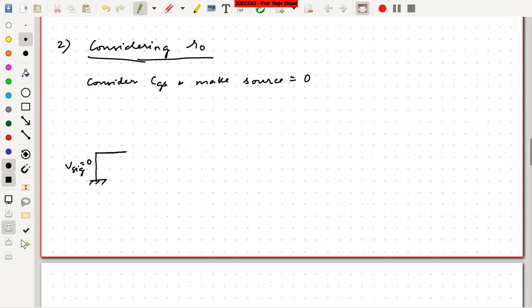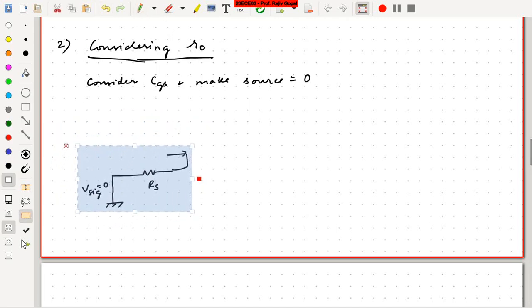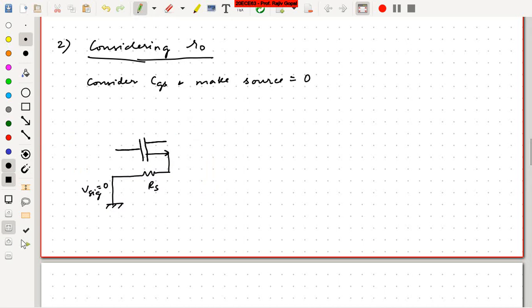Here you have RS. This goes to a MOSFET. Since I'm considering CGS, this will be grounded anyway. Now I have to consider R0 here, then I'll consider RL like this.